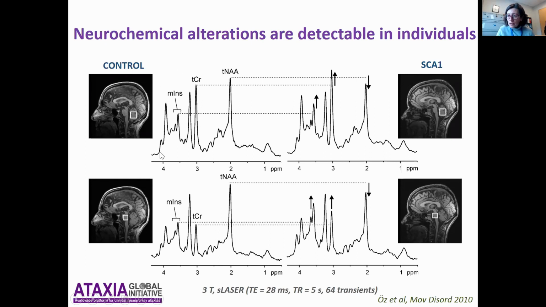The putative glial marker, myoinositol, is higher. Creatine, in this case, is higher in SCA1 relative to control. And very similar story, although the myoinositol increase is much more visually apparent in the brainstem in this case.